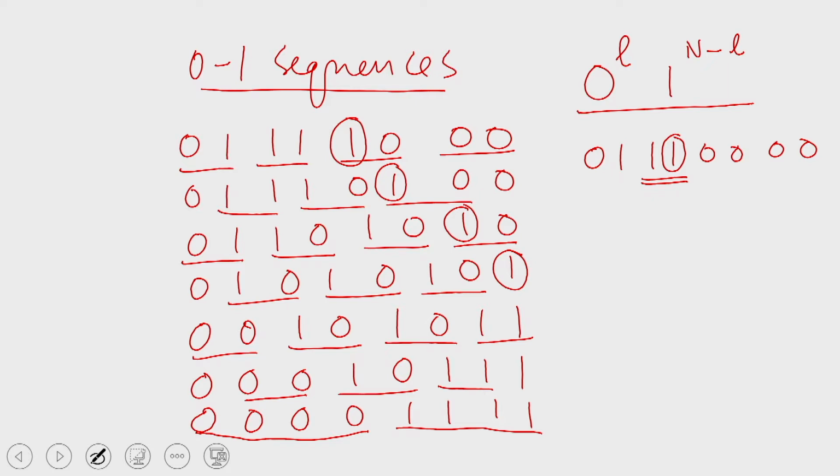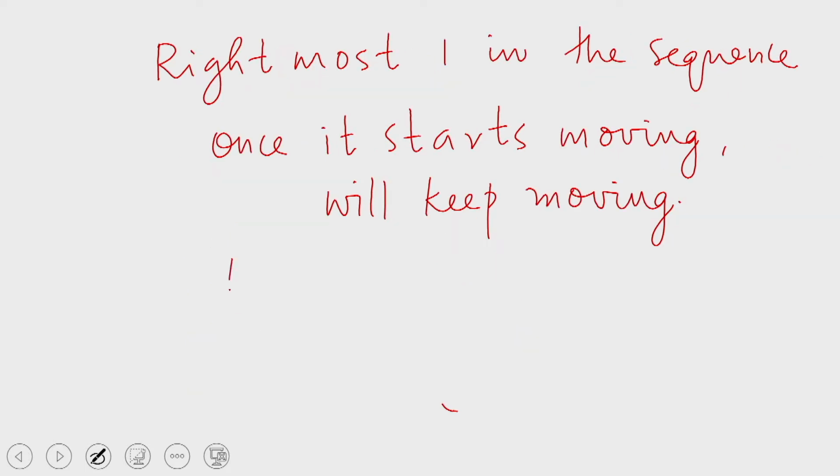But if the element does not move in the first step, it will certainly move in the second step, because in the second step it is paired with the subsequent 0 which is to its right. And then there will be an exchange, this becomes 0 1, and then this 1 will be paired with the next 0 in the next step, and it will keep moving to the right.